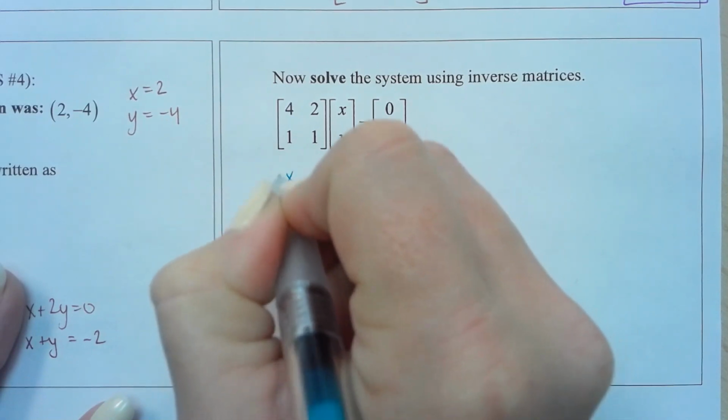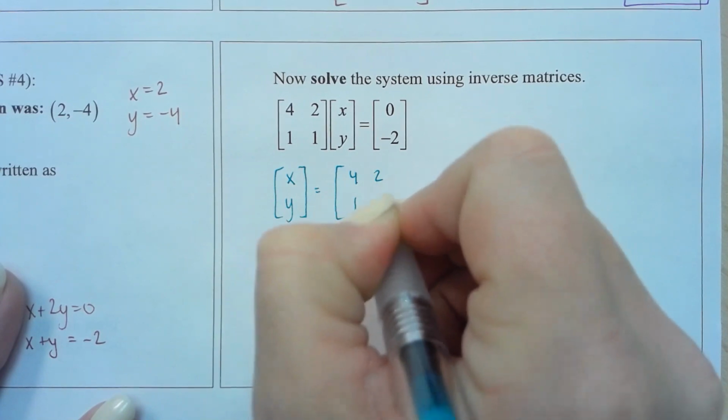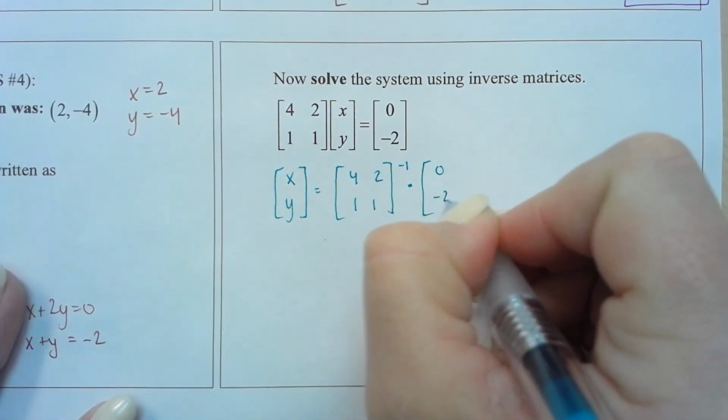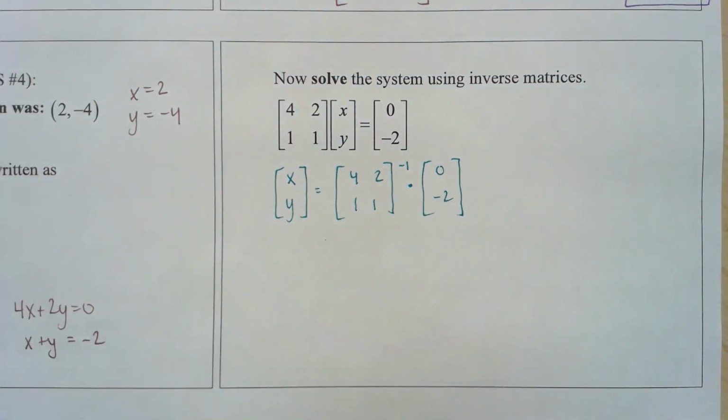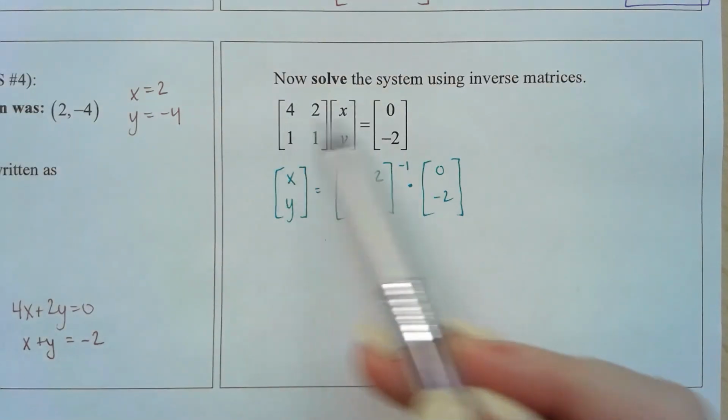So I'm going to say matrix xy equals the inverse of this matrix times the 2 by 1 matrix 0, -2. Right, so we're not dividing by this, we're multiplying both sides by the inverse.